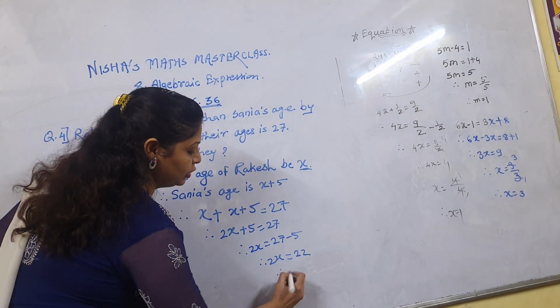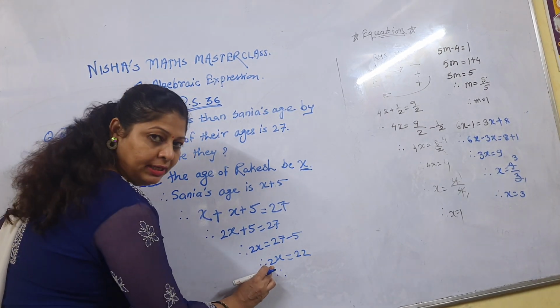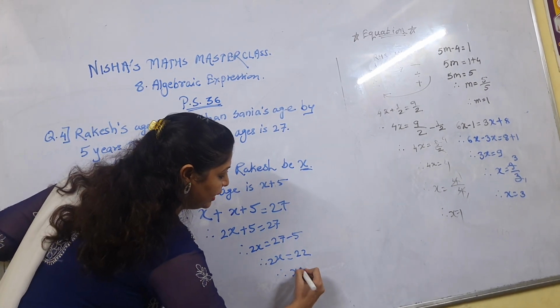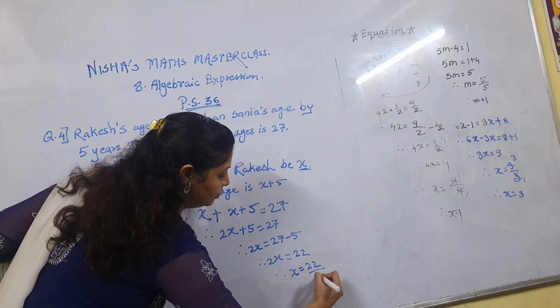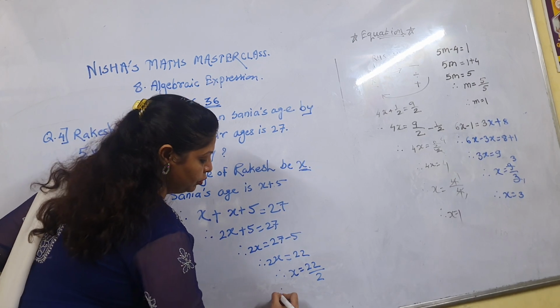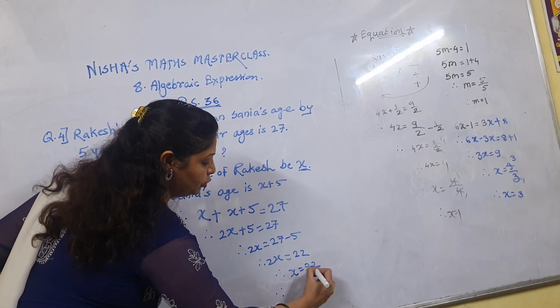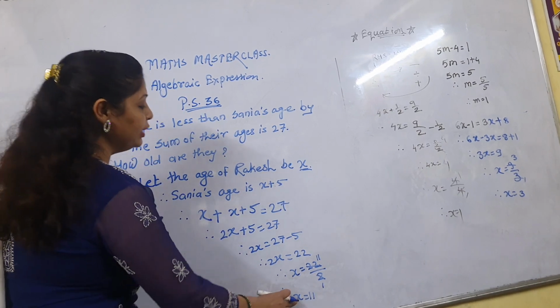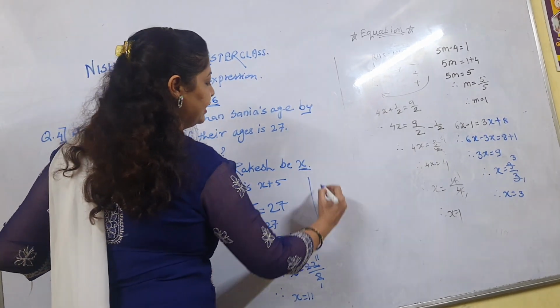Again, 2x means multiplication is there, so this 2 we have to transfer to that side. So x is equal to 22 upon 2. 2 ones are 2, 2 11s are 22. So x is equal to 11. Now who is x? Rakesh is x, correct?